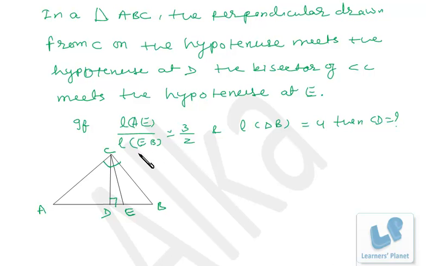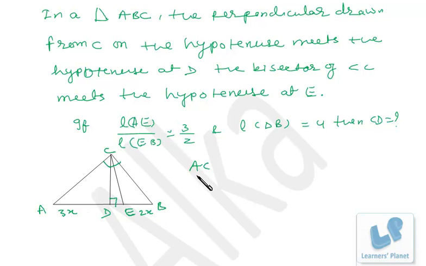Now you know the angle bisector theorem. See here, AE to EB is given to us as 3:2, so that's 3x and 2x, right? The angle bisector theorem says AC by CB will be equal to AE by EB. Here CE is the angle bisector, so AC by CB is equal to AE by EB.